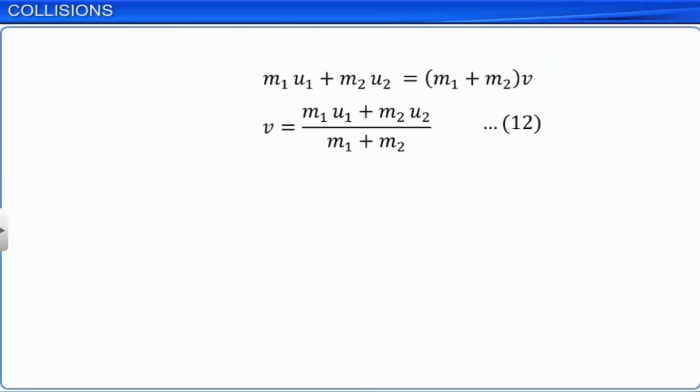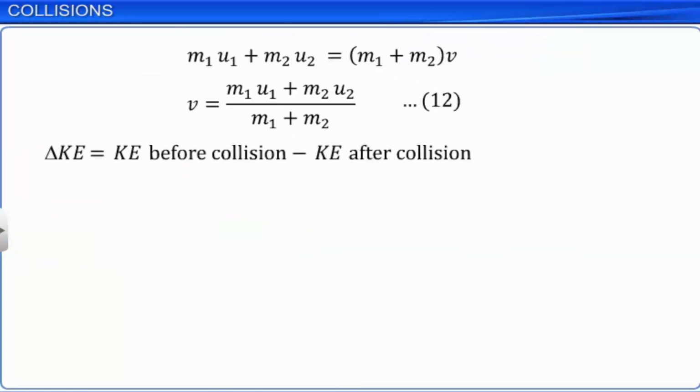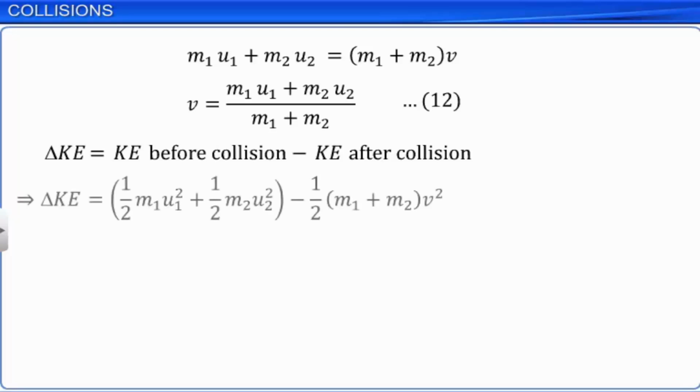The loss in kinetic energy of the system, delta KE, is equal to the kinetic energy before the collision minus the kinetic energy after the collision, which is half m1u1 square plus half m2u2 square minus half into m1 plus m2 into v square.